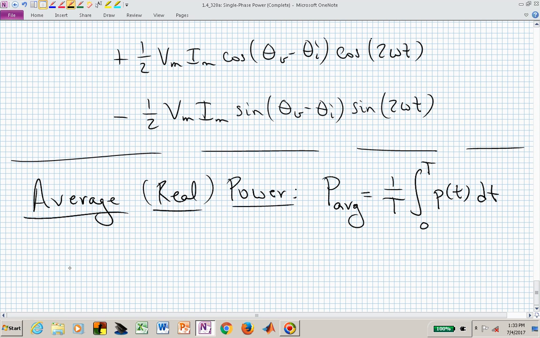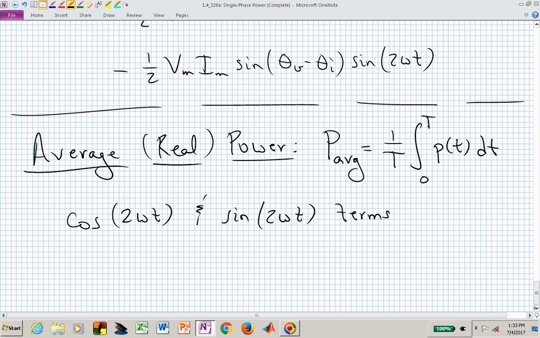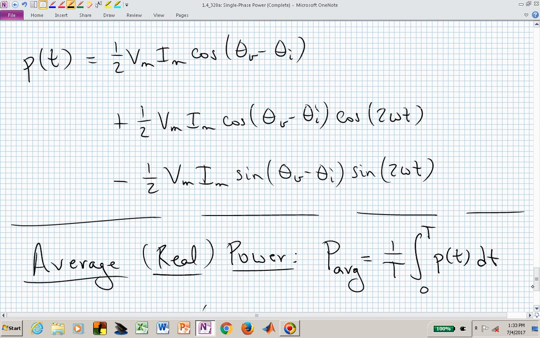That's really saying that the cosine of 2 omega t and the sine of 2 omega t terms in this averaging process actually integrate to 0. Which means that we're left only with this average of a constant. And the average of a constant over a period from 0 to capital T is just that constant.